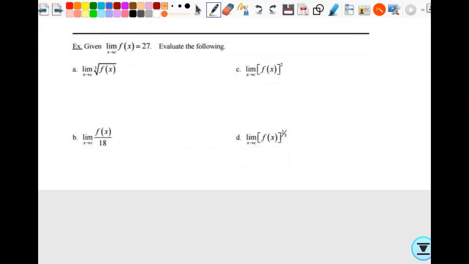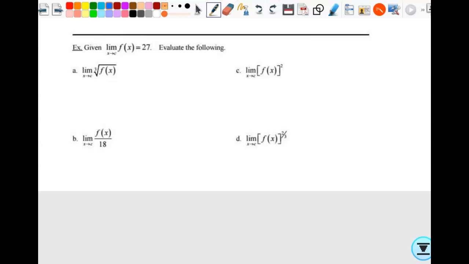Okay, so I have the limit of the cube root of f of x as x approaches c. All right, well, can I rewrite that cube root as a what? 1/3. So this is the same thing as the limit as x approaches c of f of x to the 1/3 power.